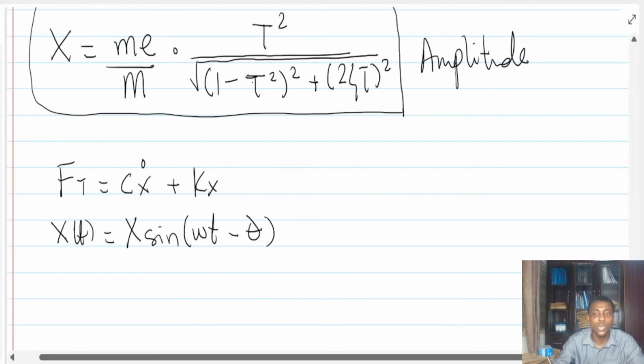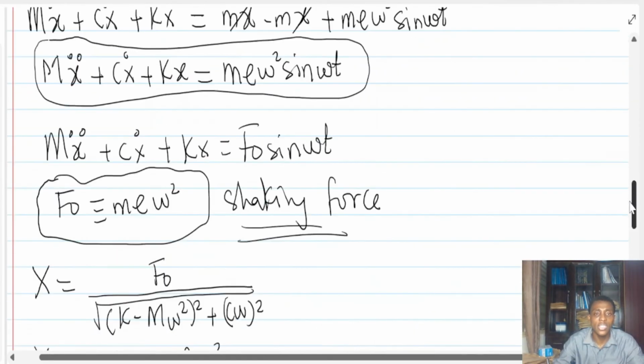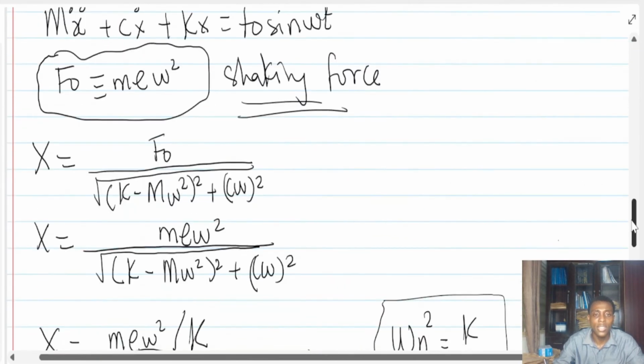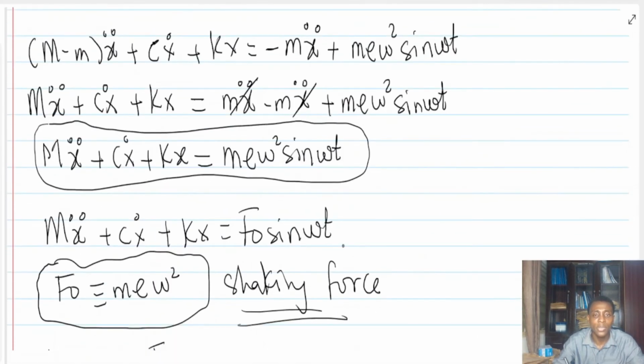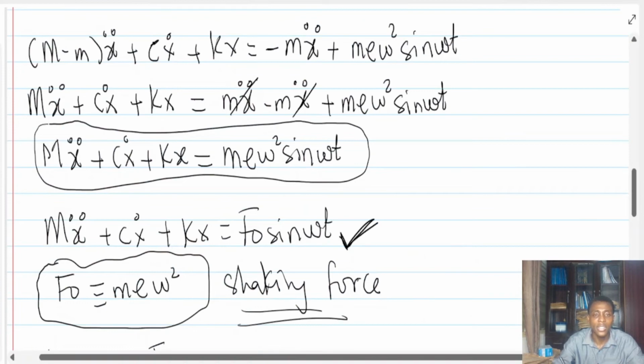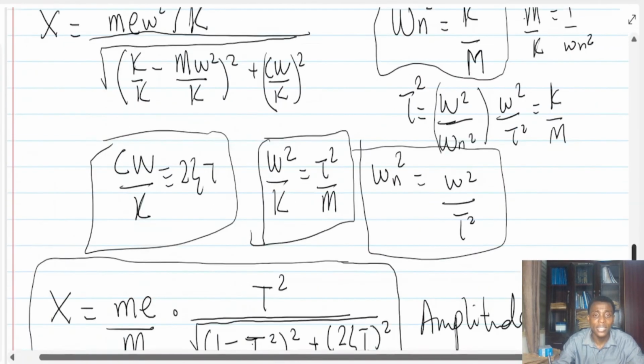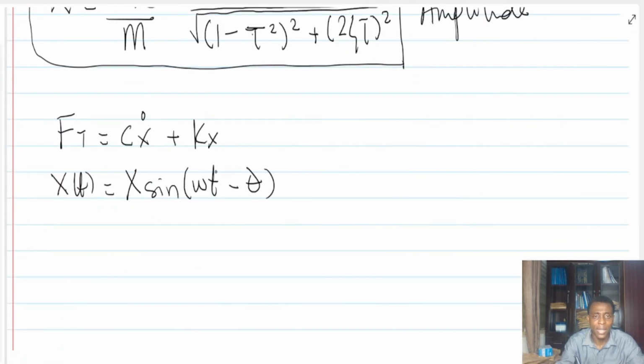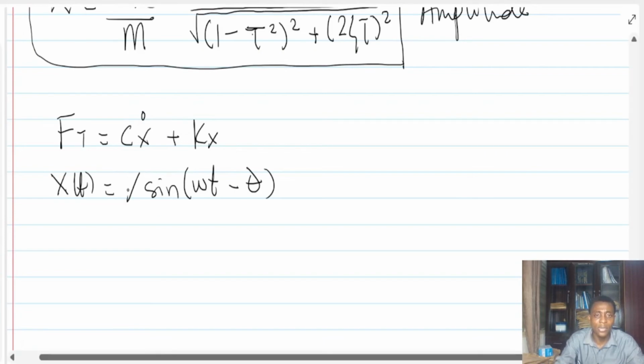Why am I assuming this solution? This equation is similar to a forced damped system. So I'm saying that this solution is actually similar to a forced damped system. Since I have the damper present, then I expect my response to take this form, where this is actually the amplitude.